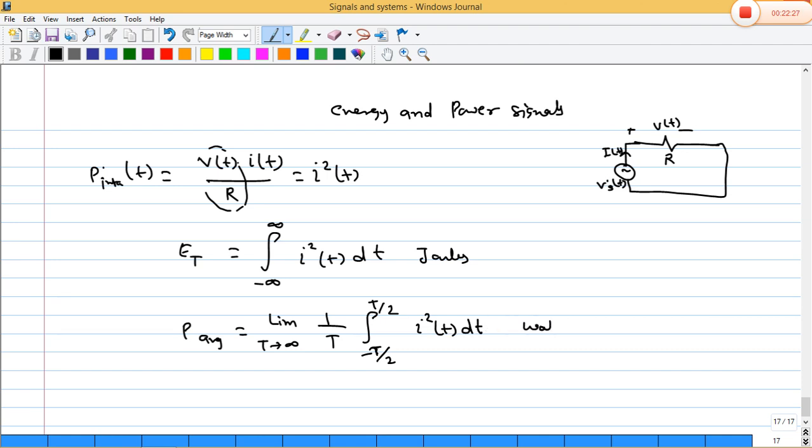This is what? Okay, so these two formulas are there for E and P.